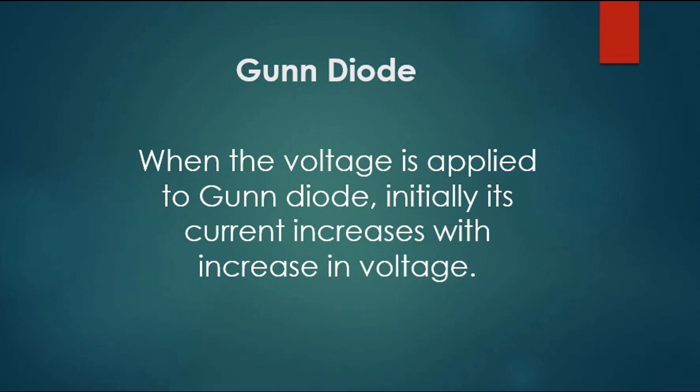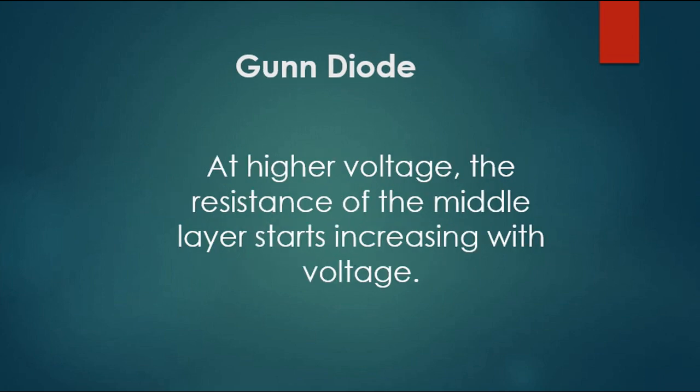Now at higher voltage, the resistance of the middle layer starts increasing with voltage, and that is the reason why it is called transfer electron device, because of the way it works and because of the material that it uses.